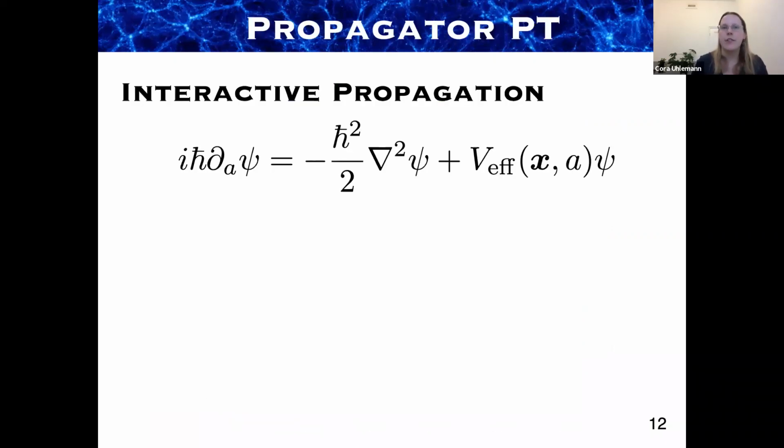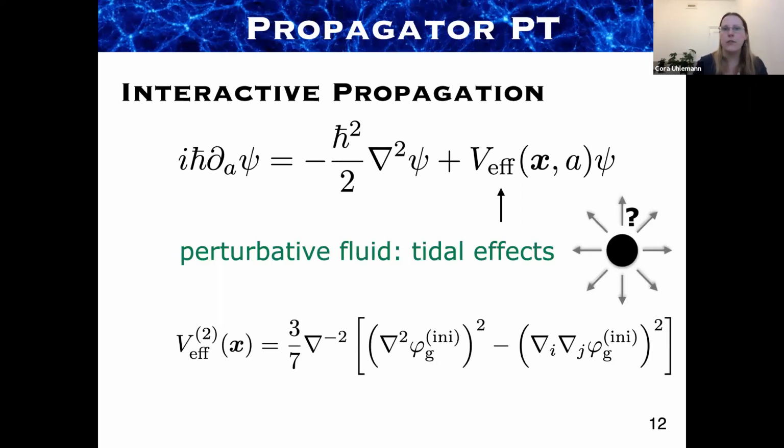Now, while the Zeldovich approximation corresponds to a free Schroedinger equation, in general, one has a Schroedinger equation with an effective potential. And in the perturbative regime, this effective potential can actually be computed from standard perturbation theory, so just solving the fluid equations. And propagator perturbation theory is based on solving the Schroedinger equation given an external perturbative potential.